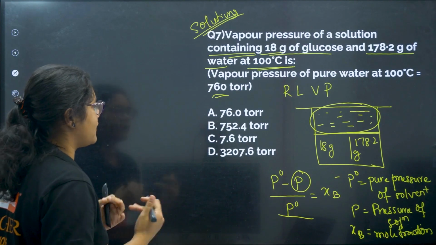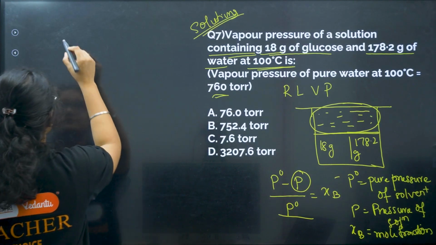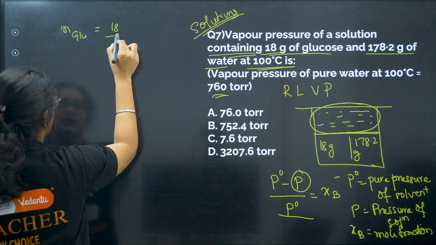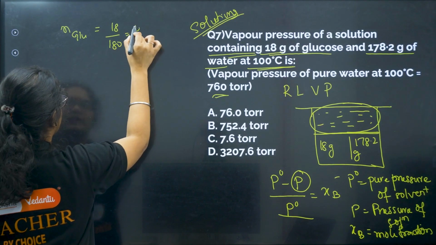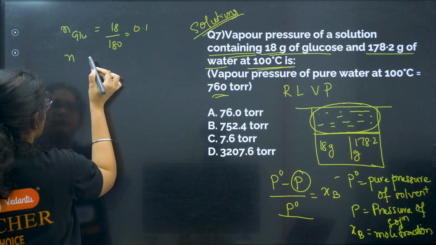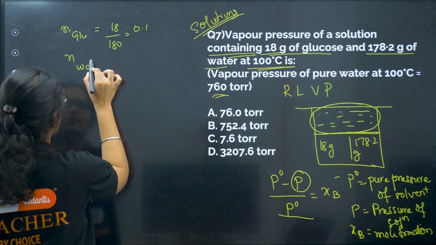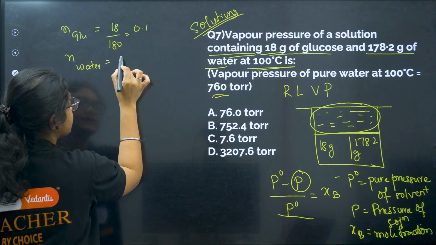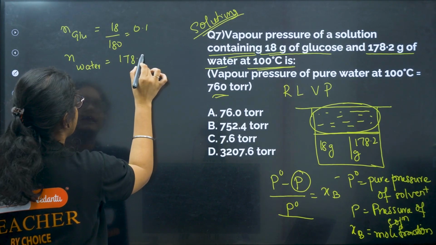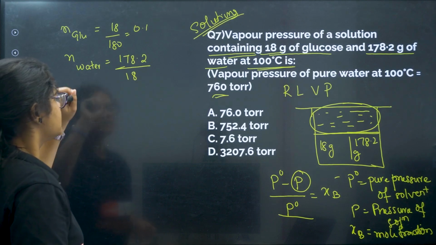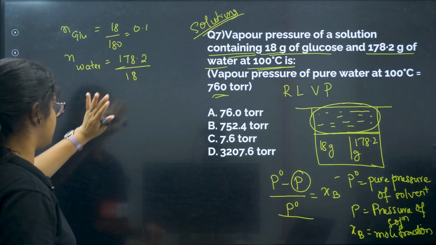Now let us try to find XB. First let us find number of moles of glucose, that is 18 by 180. So I can say 1 by 10 or 0.1. Then we have number of moles of water here. So water is 178.2 by 18, that is given mass by molar mass. Now let us not solve it, let us keep it in this way.